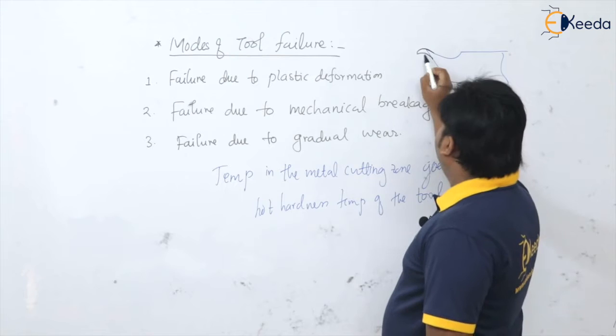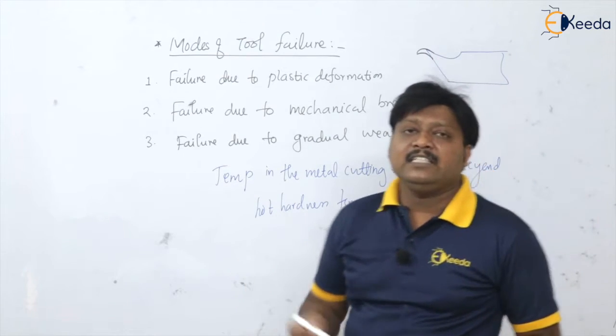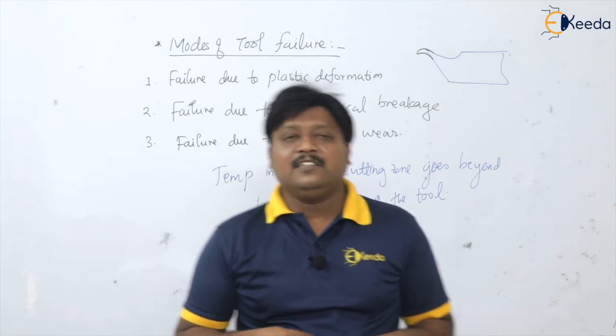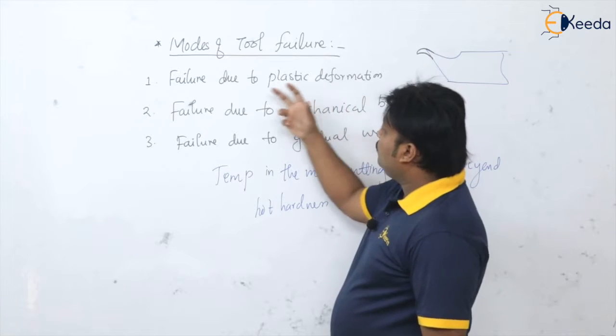So this is a plastic deformation of the tip of the tool, and we can say the tool has failed. This is the first mode of tool failure, that is the failure of the tool due to plastic deformation.